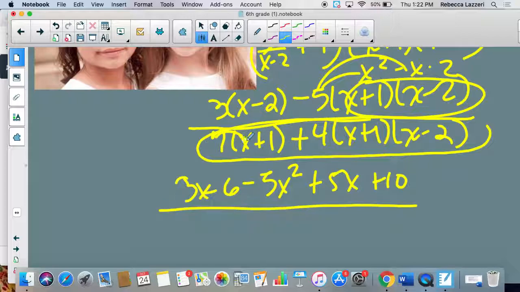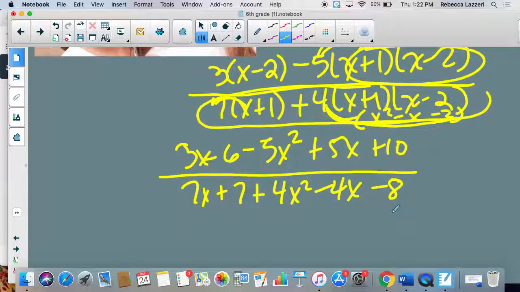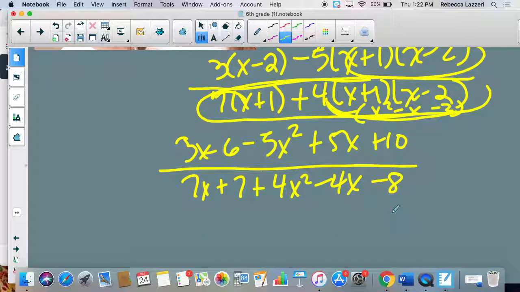On the bottom, I have 7x plus 7. This is x squared minus x minus 2. I just did FOIL. So this is plus 4x squared minus 4x minus 8. At this point, I'm just trying to be careful with something that's easy for me, or for you. It's not just for me.